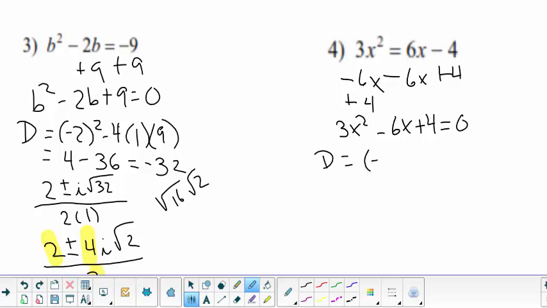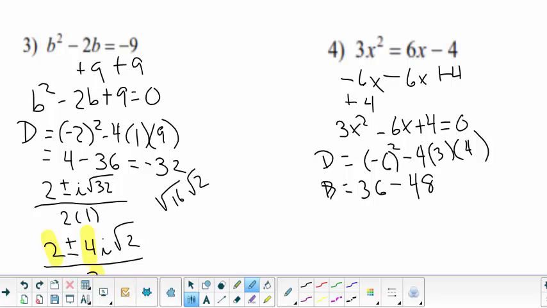That would be b squared minus 4 times a times c. So that would give us 36 minus 48. So 36 minus 48 gives us a negative 12.